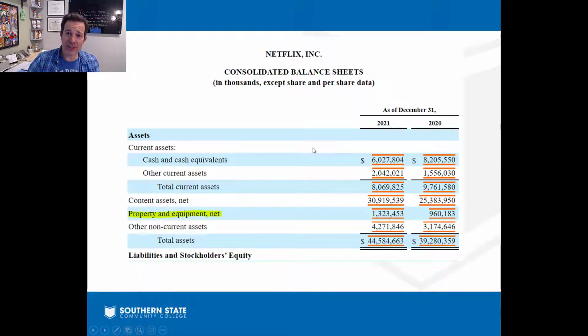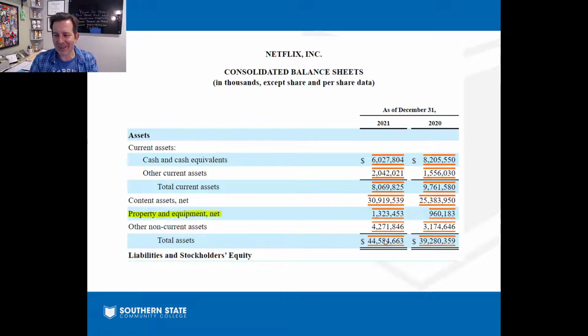Netflix, a little bit different as far as the amount compared to the total assets. Again, they have stated it as property and equipment. Fixed assets, exact same thing. $1.3 billion compared to $44 billion in total assets. And if you think about it, that makes sense. Netflix doesn't operate any retail stores.